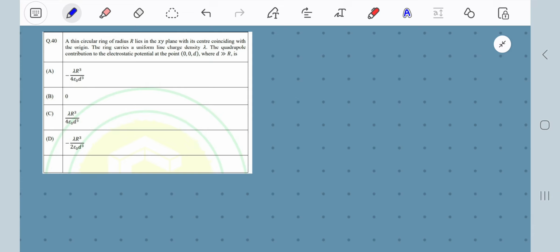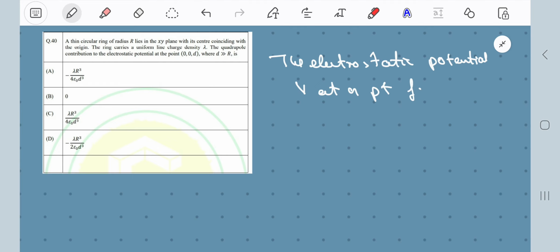Okay. So it's a very simple problem to observe because हम लोग को पहले क्या निकालना है कि इलेक्ट्रोस्टैटिक पोटेंशियल at a point far from the charge distribution का expansion क्या होता है in terms of multipole moments. Okay, so wait a minute. Right. Okay, now the electrostatic potential V at a point far from a charge distribution.